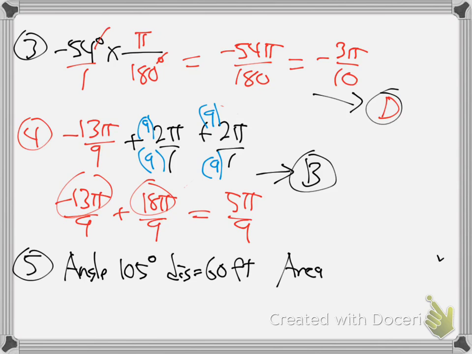So what are they talking about? If you got a sprinkler head, do you get the idea? It's going to do this kind of thing, right? The little sprinkler head is going to sprinkle a sector of a circle, isn't it? What a sprinkler sweeps out is a sector of a circle. It's going to turn through an angle of 105 degrees. It's actually a lot more than I've got here, right?